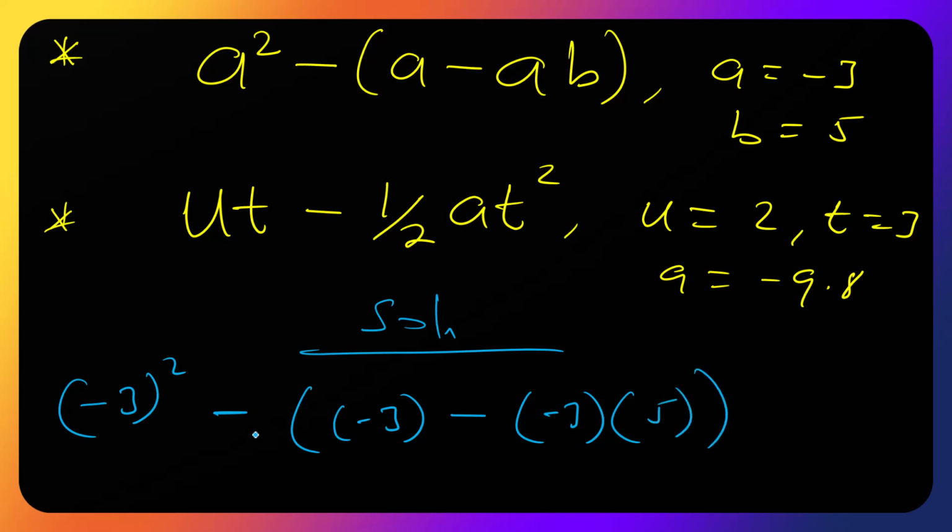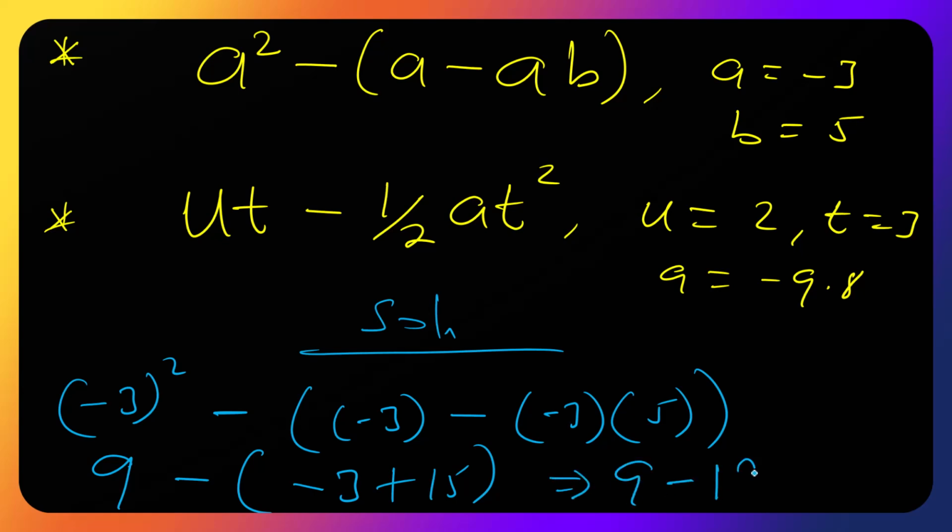Remember this side is even and we have a bracket here, so that will be 9 minus. This side will be minus 3, so minus minus will be plus. So we have 3 times 5, 15. So minus 3 plus 15, that will be 12. So we have 9 minus 12. That will be minus 3.